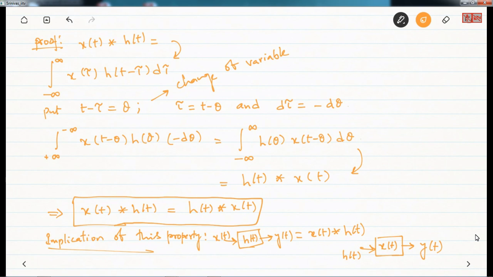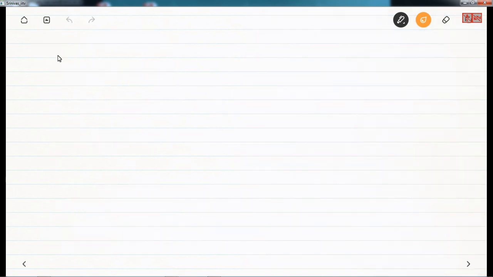You get the same output y of t if you give h of t as the input to an LTI system with x of t as the impulse response, right? So you can interchange the input and the impulse response, and still you get the same output.